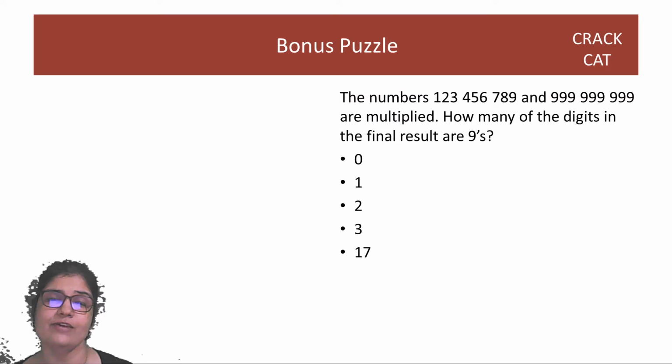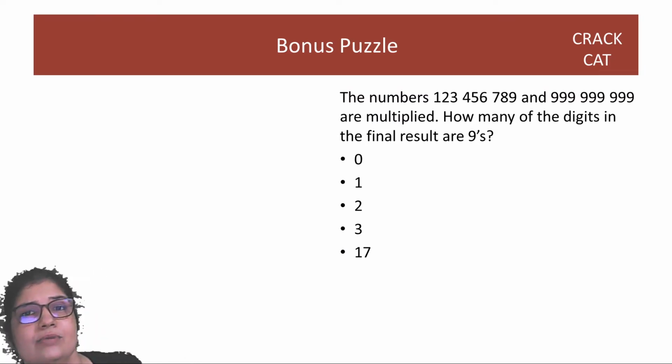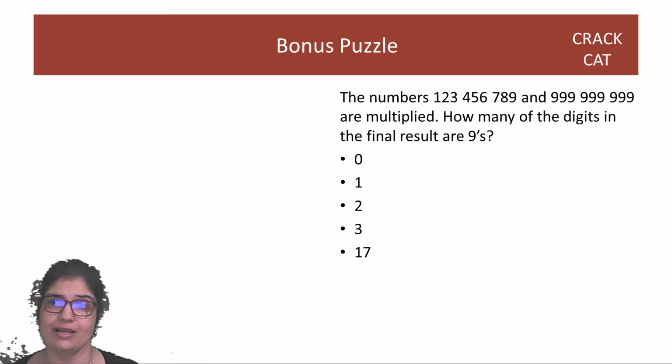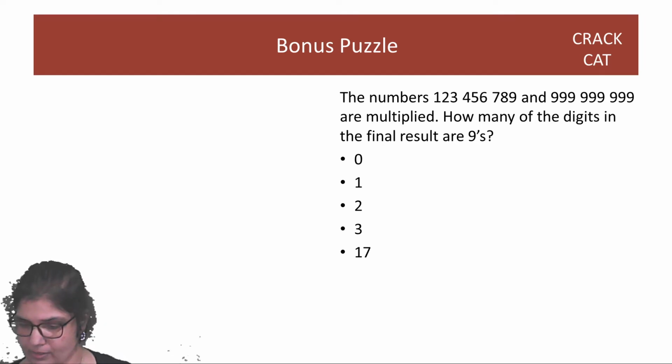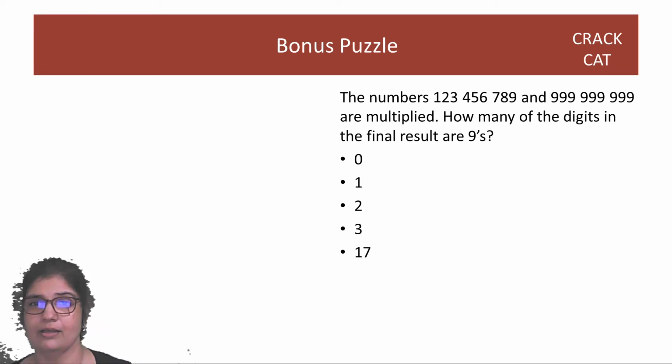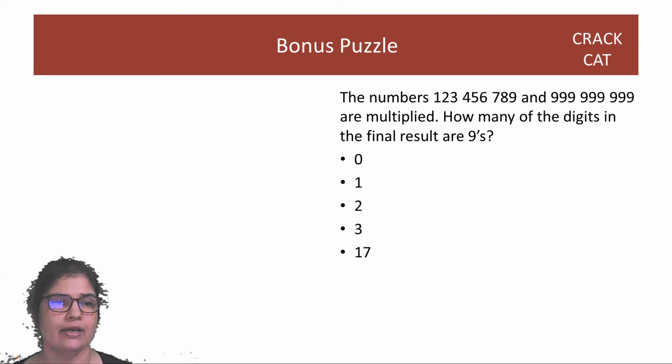So before we begin, let's start off, guys, with the puzzle that I gave you all at the end of last class, right? So you have two numbers multiplied, and you have to find how many nines are there in the multiplication. If this question comes to me out of the blue, obviously I'm not going to sit and multiply this, right?